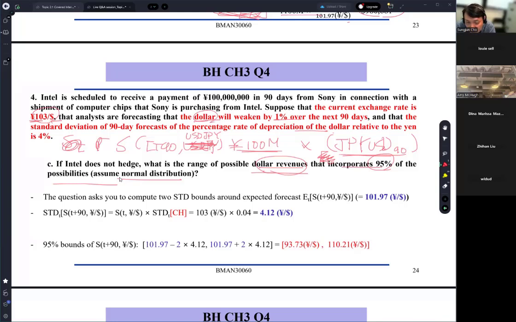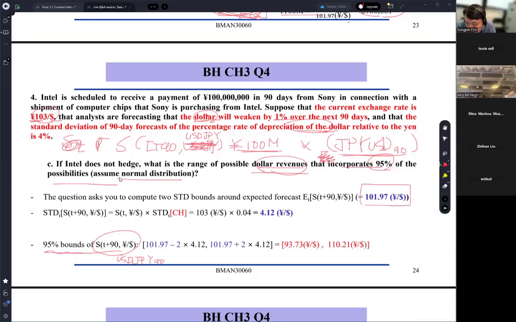This means dollar is in the denominator. Depreciation of dollar, this one also means dollar is in the denominator. So given this information, what you can get is actually the 95% bound of USD JPY from 90 days from today. How? You have to compute the mean first.